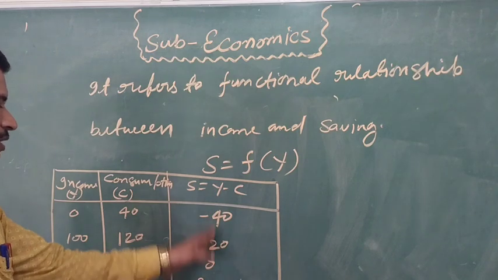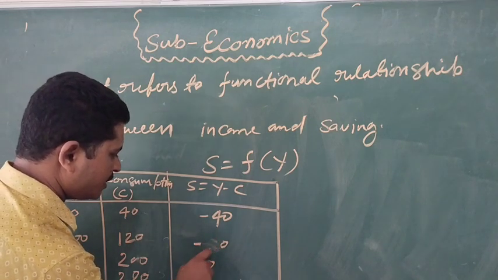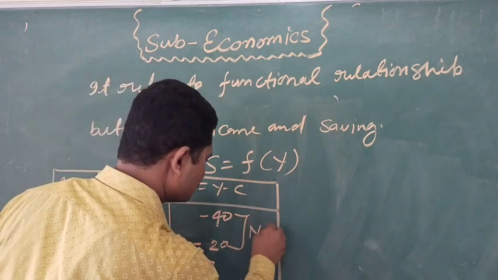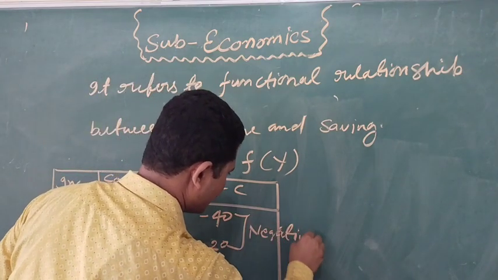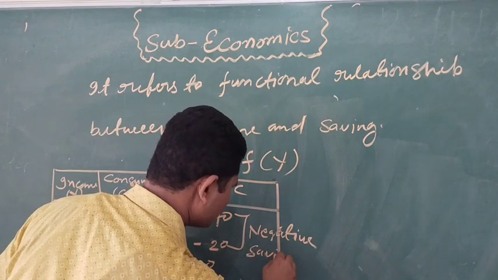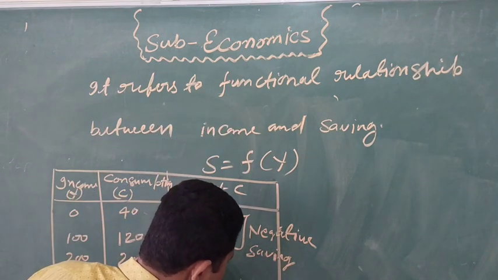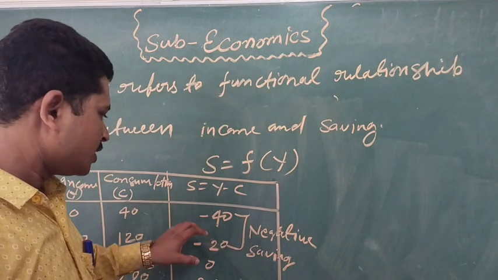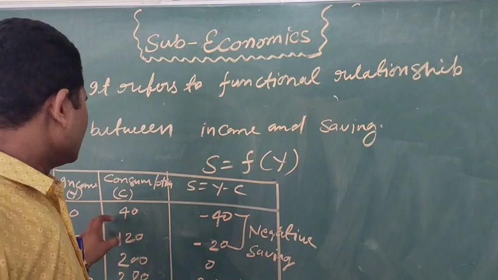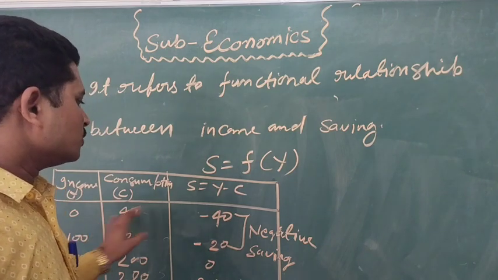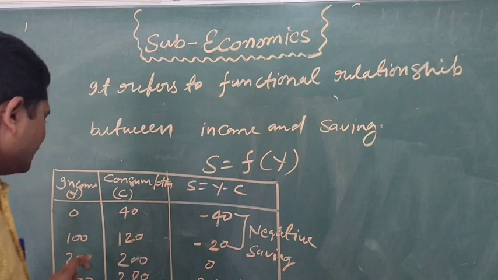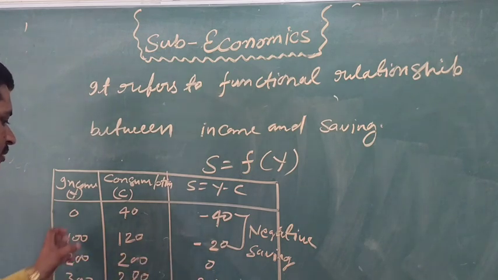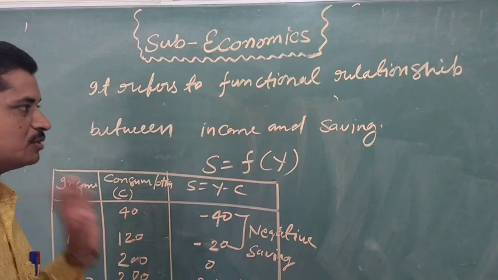This shows the positive saving and this shows the negative saving. When consumption is more than income, it shows negative saving. When income is equal to consumption, then saving becomes zero. Again, when income is more than consumption, it shows positive saving.